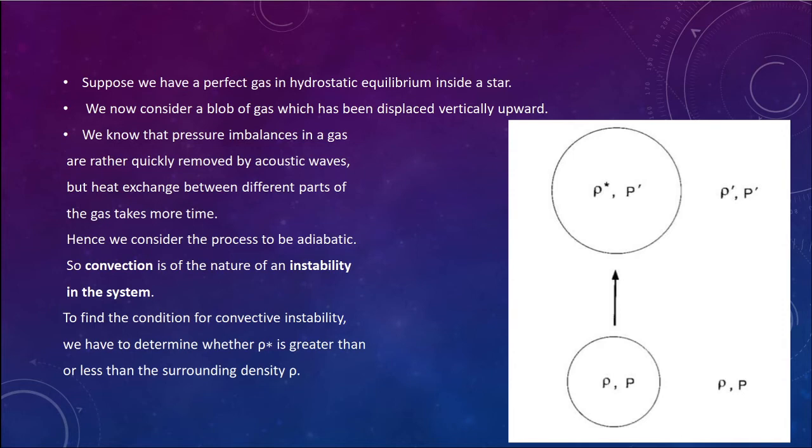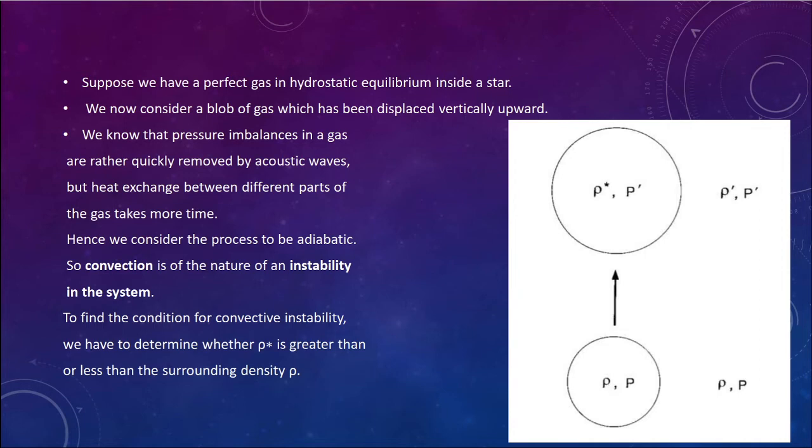So we can consider the blob to have been displaced adiabatically and to have the same pressure P dash as the surroundings in the new position. Because the heat is not changing spontaneously and it takes a very long time, we consider the process to be adiabatic, that is, without any change in the heat.